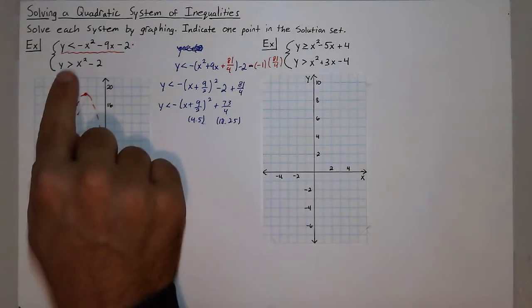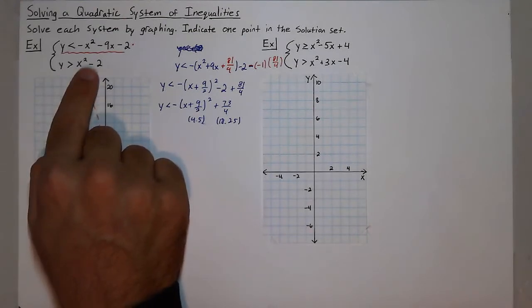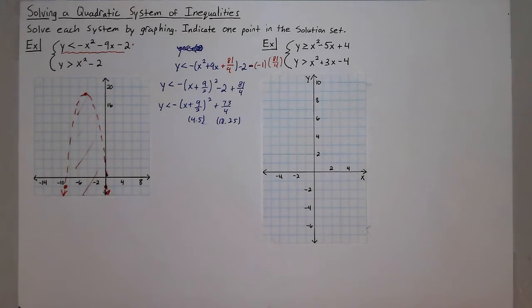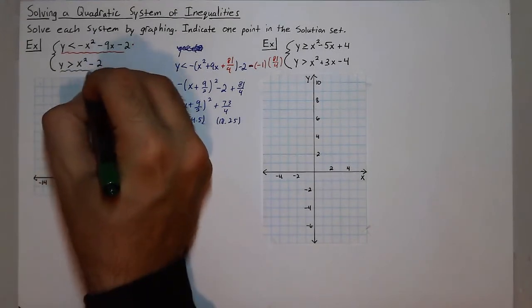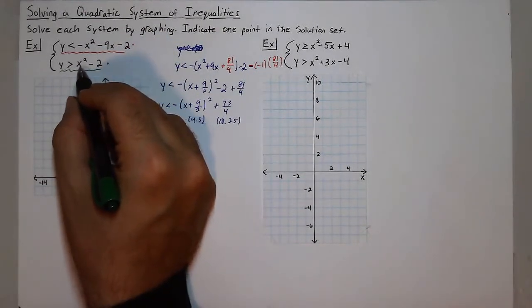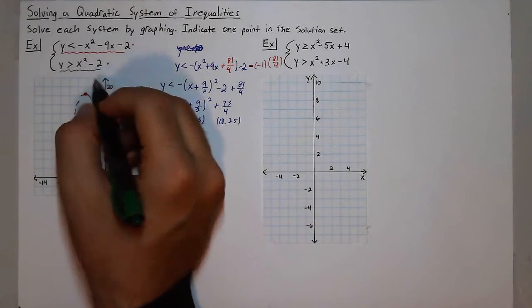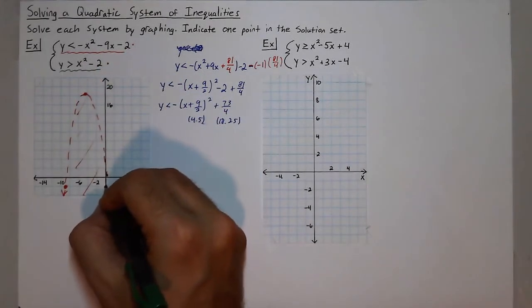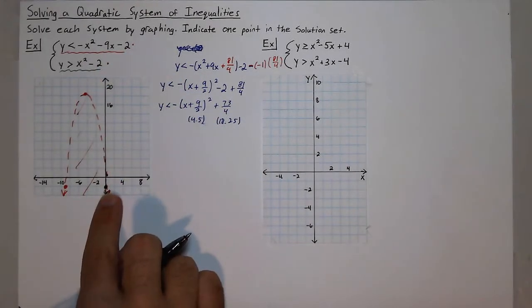Now we have y is greater than x squared minus 2, which is already in vertex form. So I'll graph this one in green. And that vertex is at 0, because there's no number on the inside of the squared, and negative 2. So they actually intersect right here at this point, which I'm going to talk about in a little bit. But I need another point.